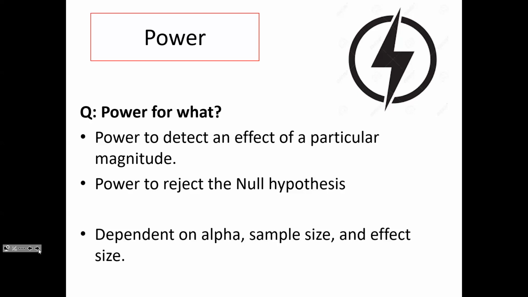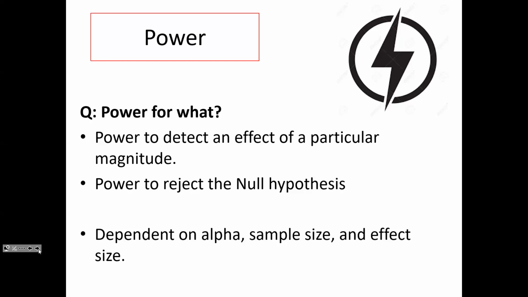And then the third thing that drives power is the effect size, because remember I said it's the power to detect an effect of a particular magnitude. So the question is, if I have an effect that's not zero, it's this big, will I find that effect is statistically significantly different from zero? That's really what we're doing when we're doing a power analysis.